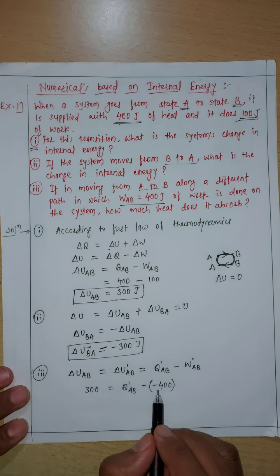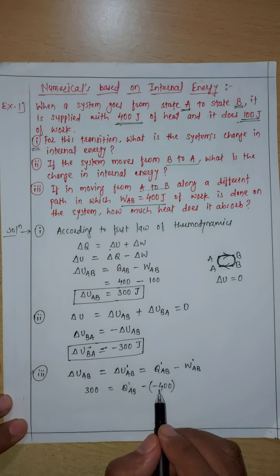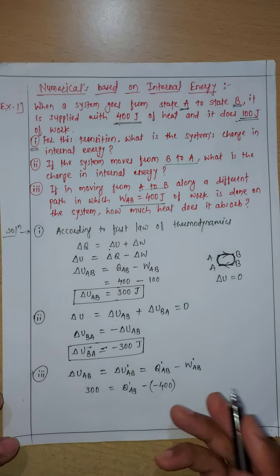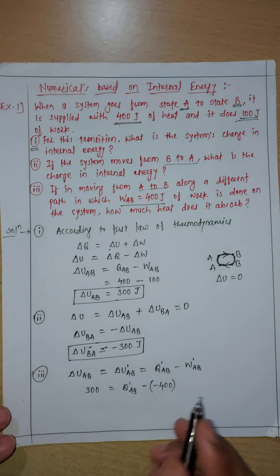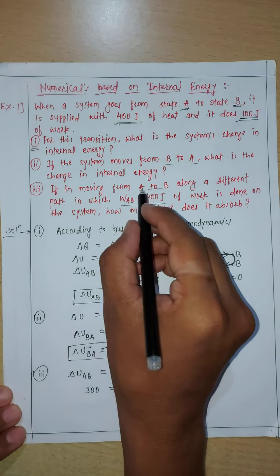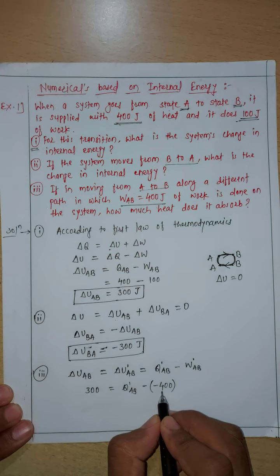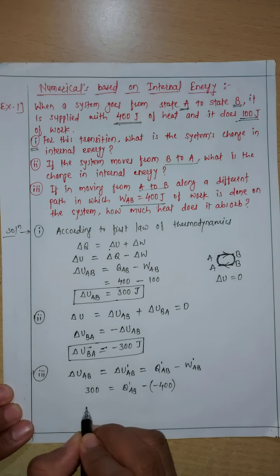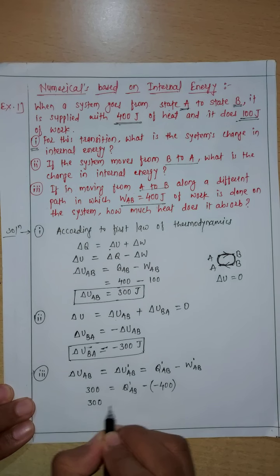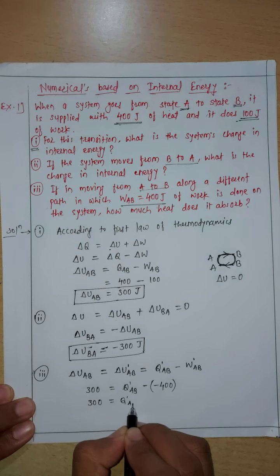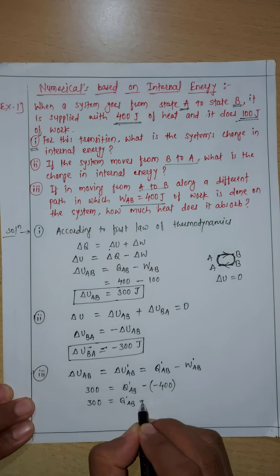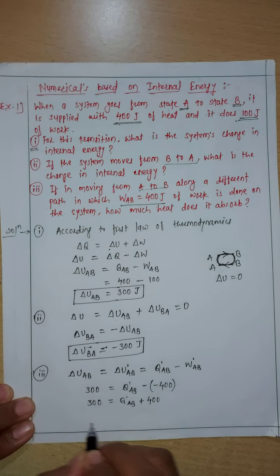Why is this negative sign there? Because the system loses that heat in this particular transition, which moves from A to B. So that's why the negative sign is there. So we get 300 equals Q dash AB, this minus minus becomes plus 400.